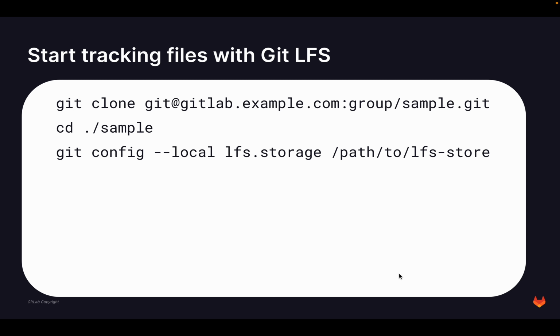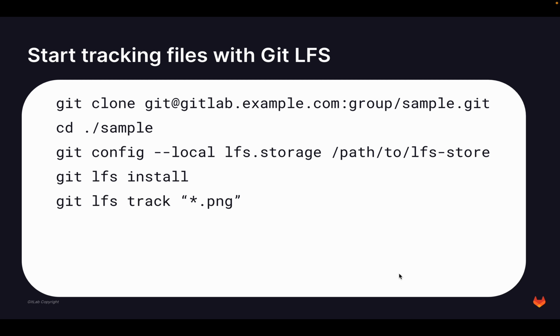The default is .git/lfs, but you can also point it to somewhere else. Once you have defined the storage, or you keep the default, you have to install Git LFS. This git lfs install will create some pre-commit hooks in your Git repository to fetch any binaries and store them in the LFS storage.